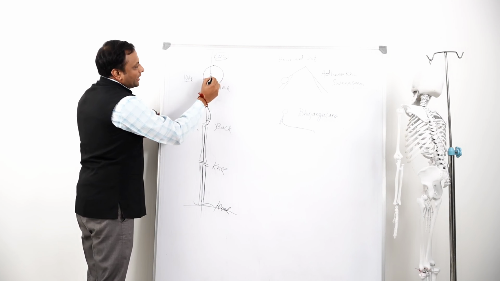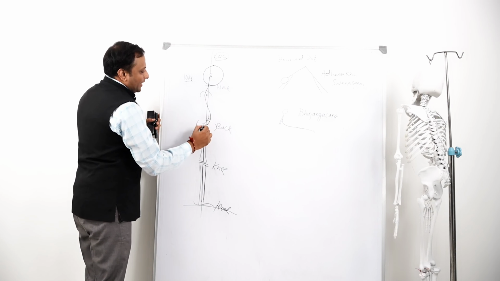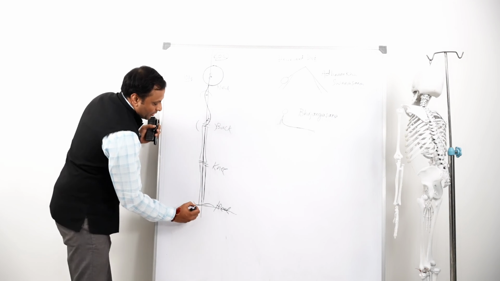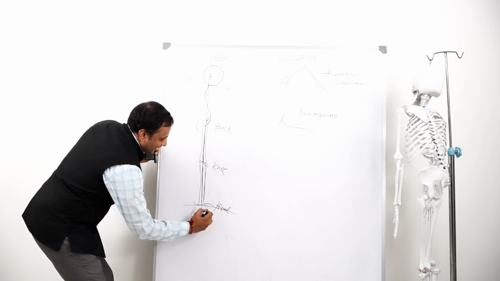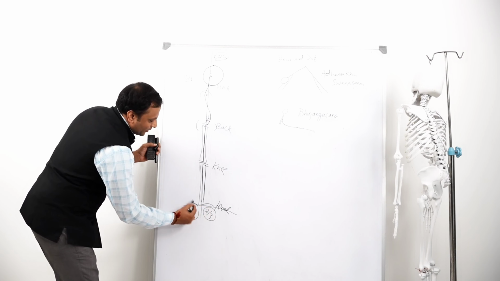halves, passes through the external auditory meatus, your acromion process, your anterior superior iliac spine, 1/3 of the knee, 1/3 of the ankle and 2/3 of the ankle.